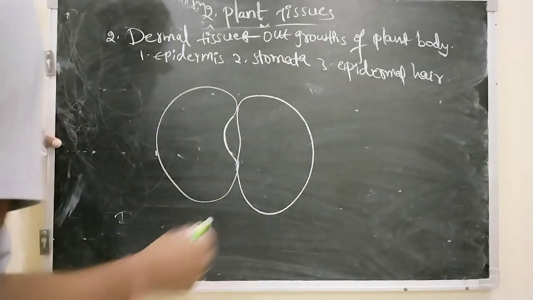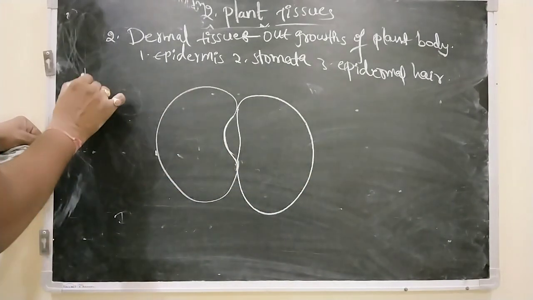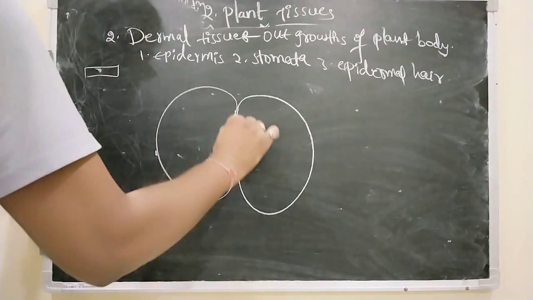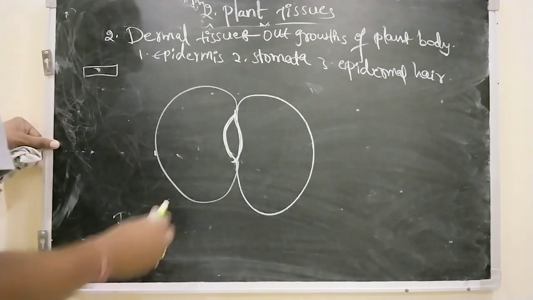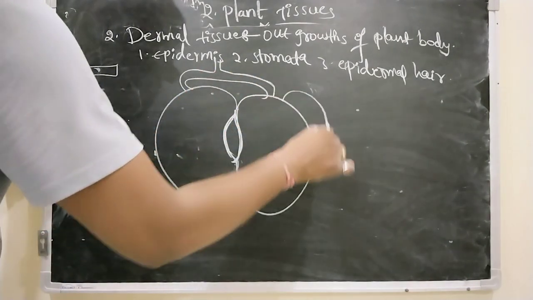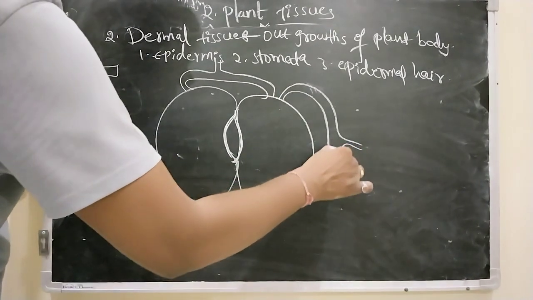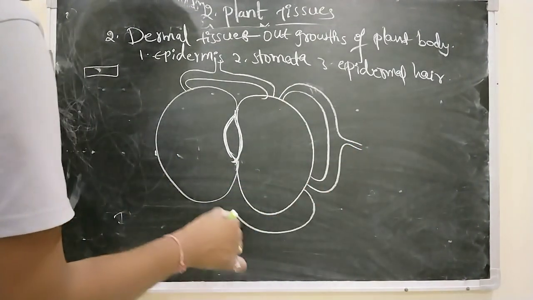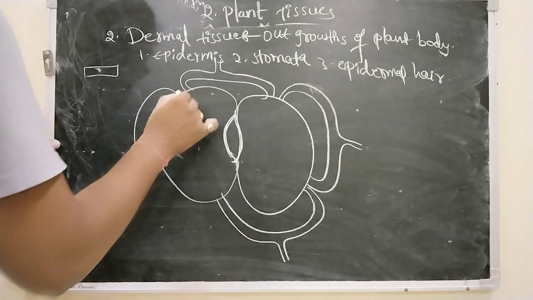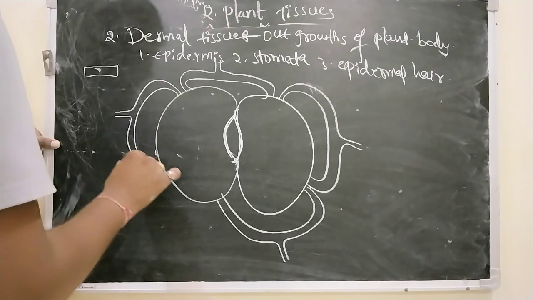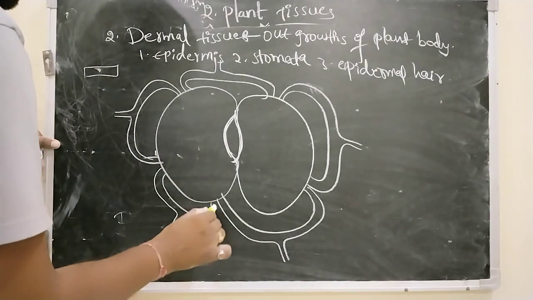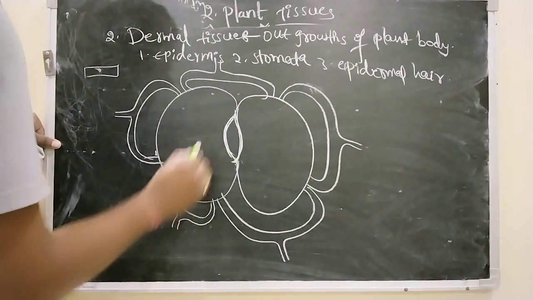Take that peel, put it on a slide and observe it under a microscope. We see this type of structure.